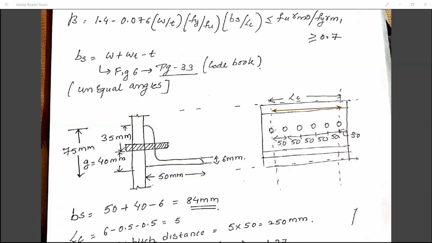That is why we consider this half also: half plus 1 plus 2 plus 3 plus 4 plus 5, so that will be 5.5.